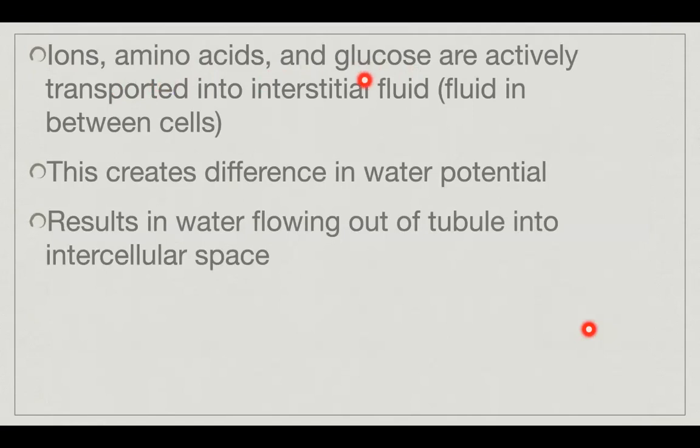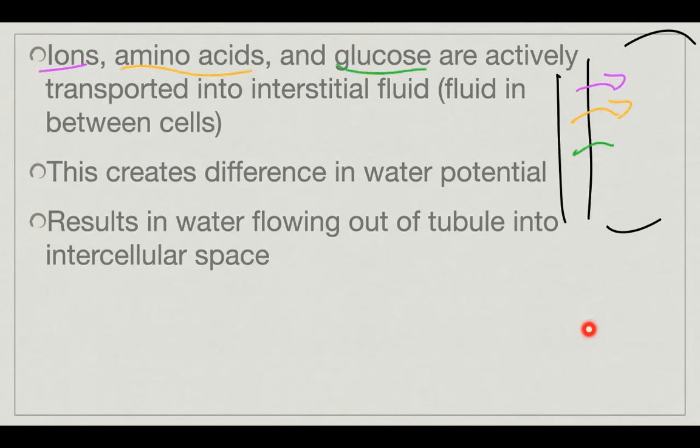If you increase the amount of solute, so let's just say, here's my tubule, and outside here, this area is the interstitial space. If I've got ions coming out, or maybe I'll not use blue because blue is for water. Got ions coming out, and I have amino acids coming out, and glucose coming out.